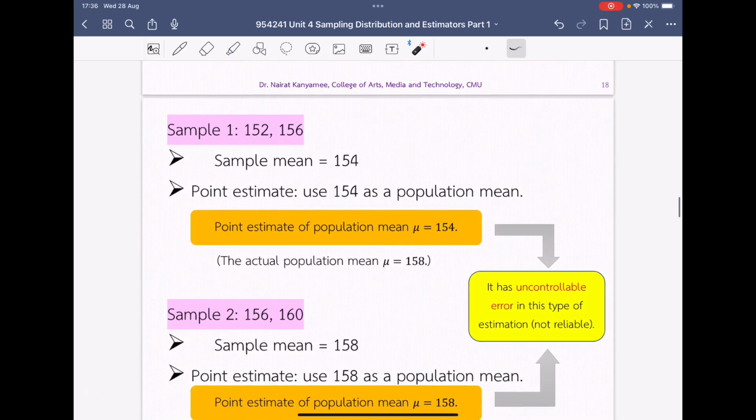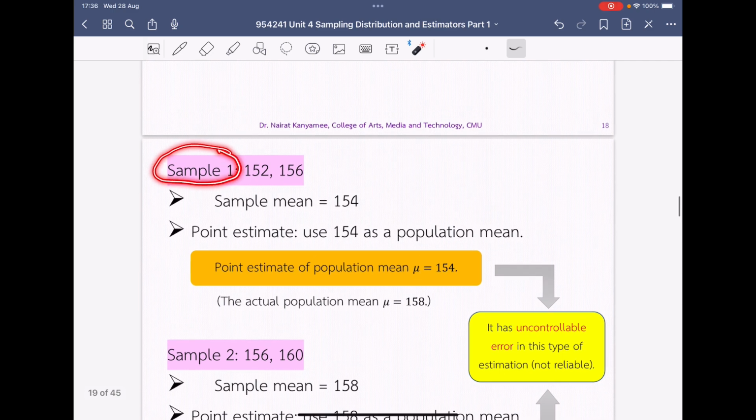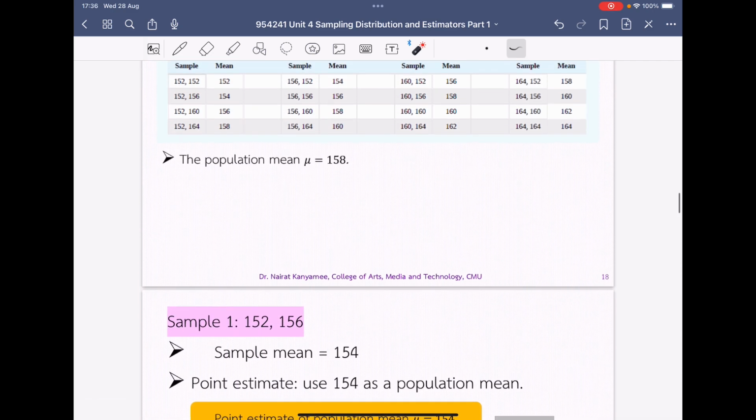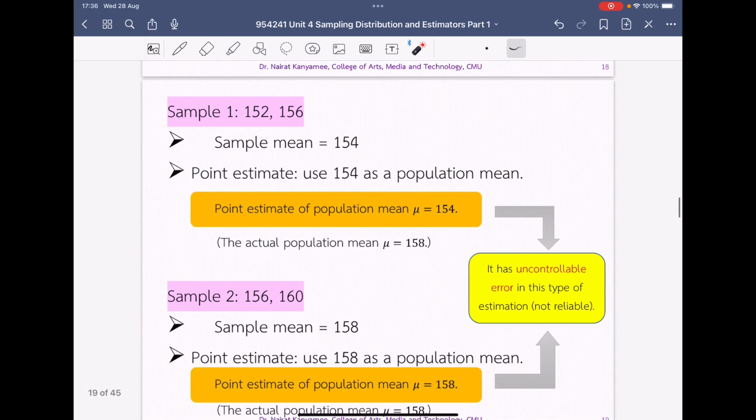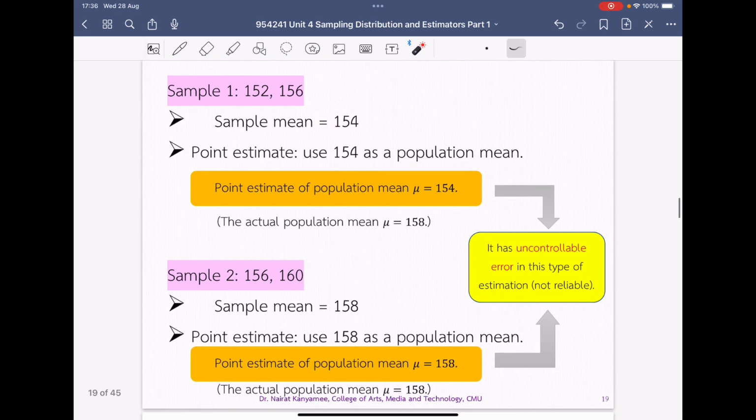Now if we take out the first sample, sample 1, with 152 and 156, the sample mean of these two is 154. Then with point estimation, we just use this value as the population mean. So the point estimate of the population mean for this example would be mu equals 154.